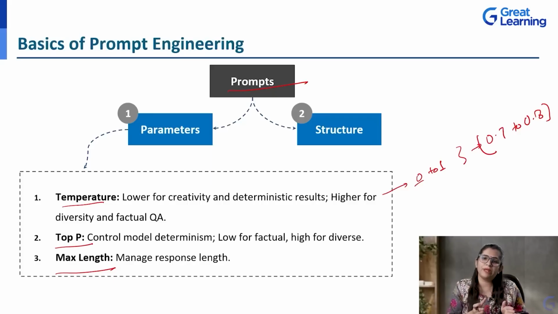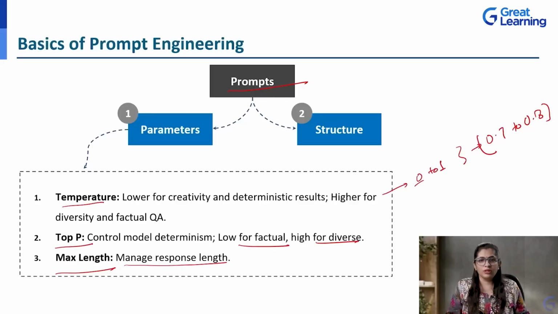Here, top P comes into picture. More the top P, more you have different creative answers, right? So, low for factual, high for diverse. Last is max length. Again, it is written, manage your response length. This parameter is to control the cost of your generative model as well.